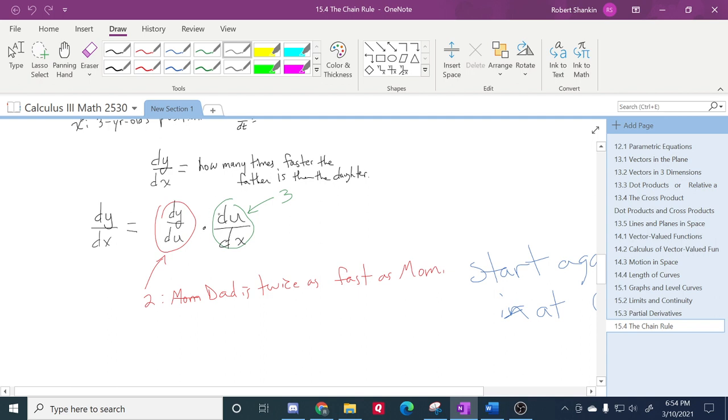The other justification that I sometimes use is, I think, well, what if all of a sudden we double one of these things? If instead of 3 times as fast, the mom is moving 6 times as fast as the child, then how is that going to influence the whole output?